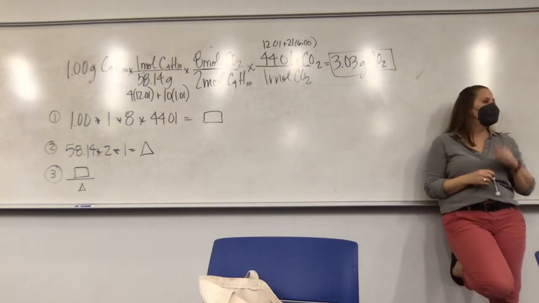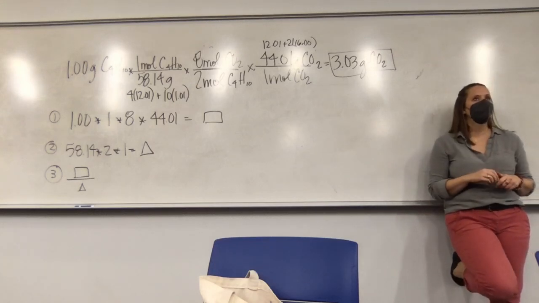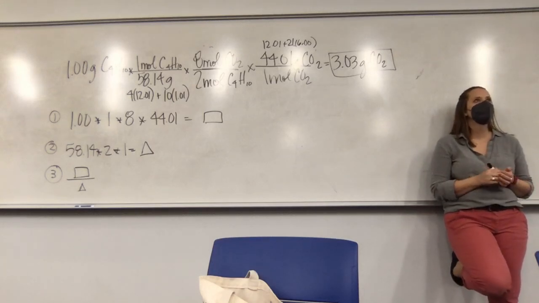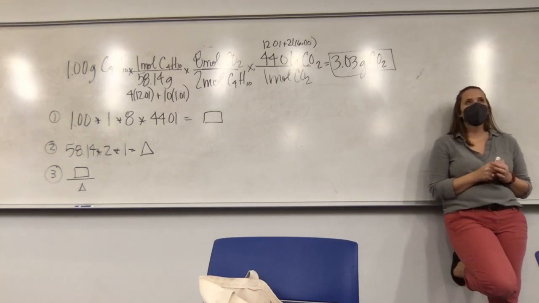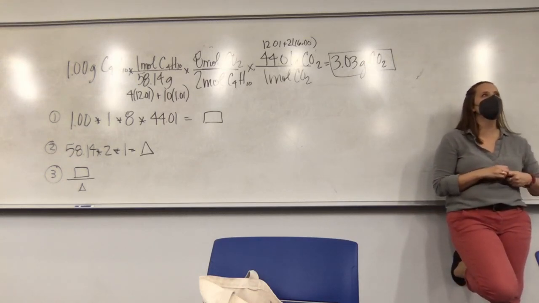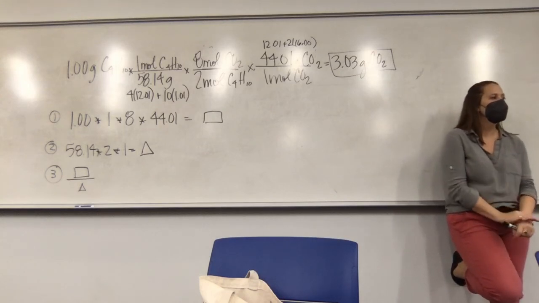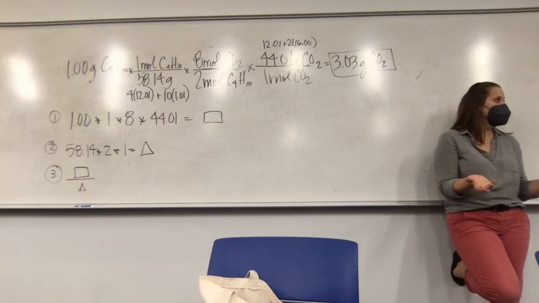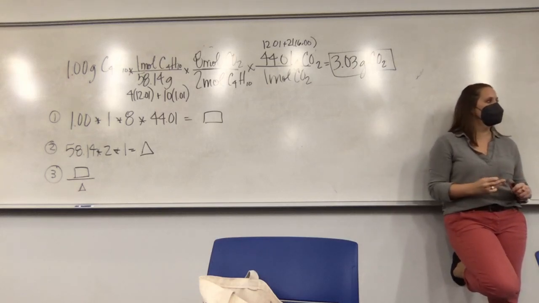But if we do it the other way on the quiz and we get it wrong, will we still get partial credit if we put 8 then parentheses 44.01 and then 2 parentheses 58.14? So the question is, if we do it a different way and we get it wrong, can we still get partial credit? That's hard for me to know today. It is always my goal to give you the maximum amount of partial credit.